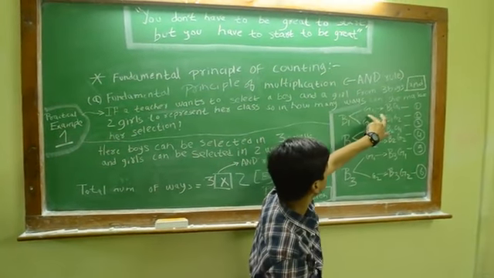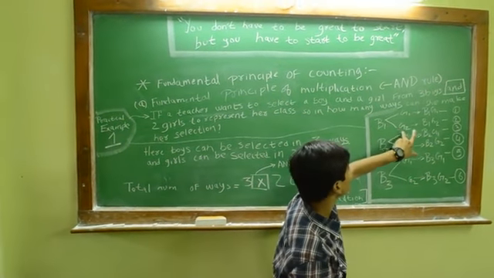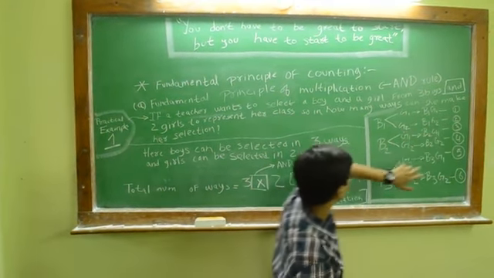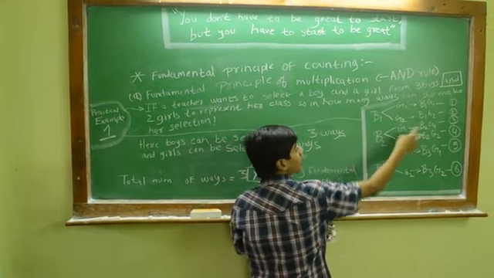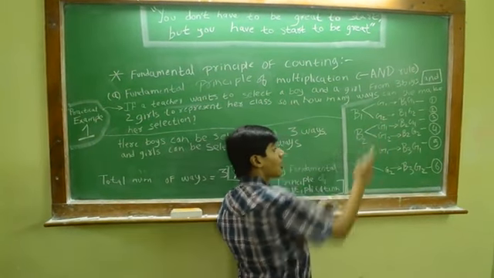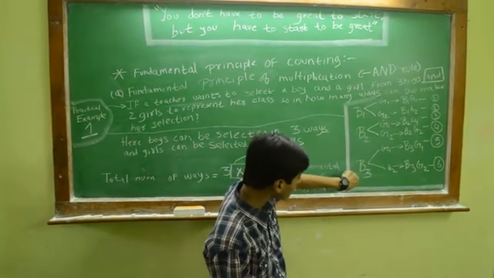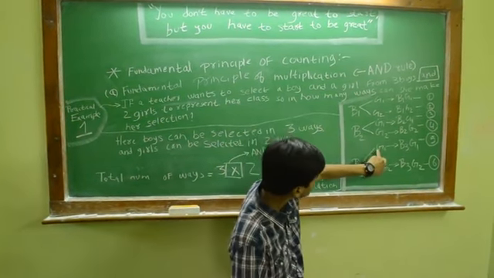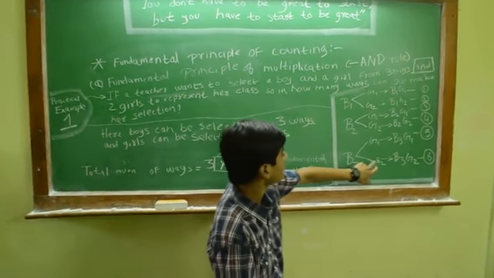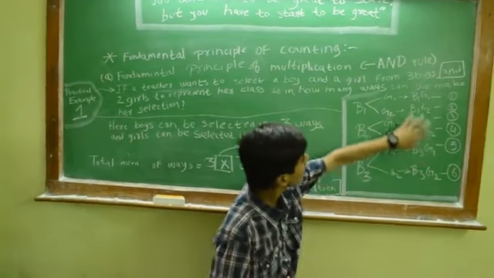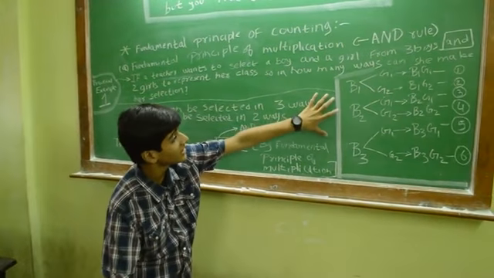She selects boy B1, then B1 G1. That is one possible way. If she selects boy B1, girl G2, B1 G2. That is the second possible way. If she selects boy B2, then too she has further 2 ways of selecting either girl G1 or girl G2. Now if she selects boy B3, then too she can select girl G1 or G2. So the pairs will be B3 G1 and B3 G2. So there are 6 possible ways in which she can make her selection.